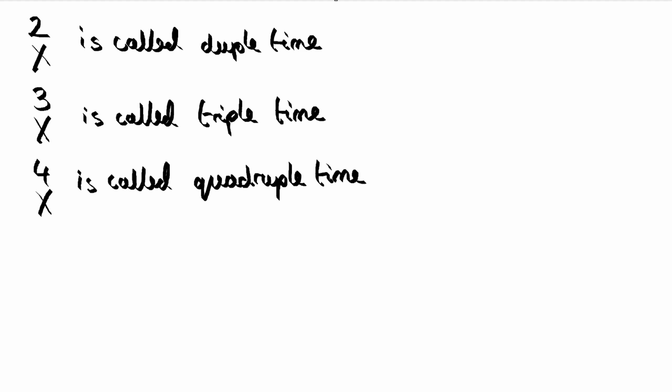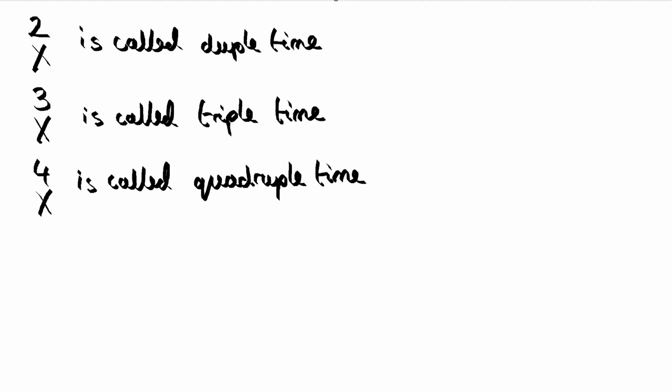We can do these in any speed, which is called tempo, we like, but a 2-beat pattern, duple time, would be counted 1, 2, 1, 2. A 3-beat pattern, a triple time pattern, would be counted 1, 2, 3, 1, 2, 3. And a 4-beat pattern, a quadruple time pattern, would be counted 1, 2, 3, 4.